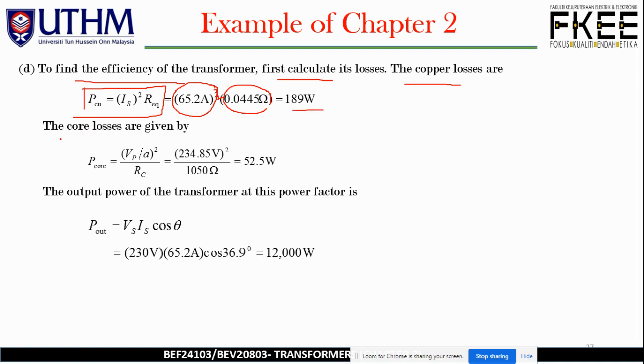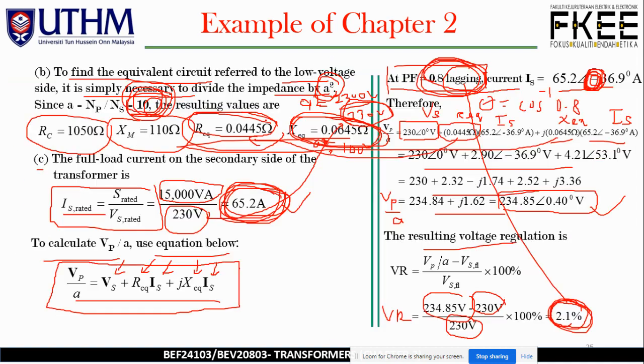Meanwhile, the core losses are given by the equation from the previous slide, Vp over a squared over Rc. Remember to take the value of Rc, which is 1050 ohm. Vp over a here is from the 0.8 case, and this is the value of Vp over a.